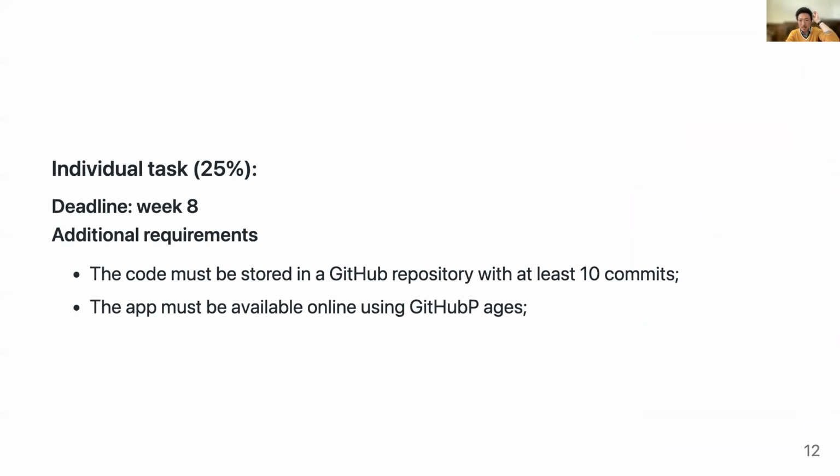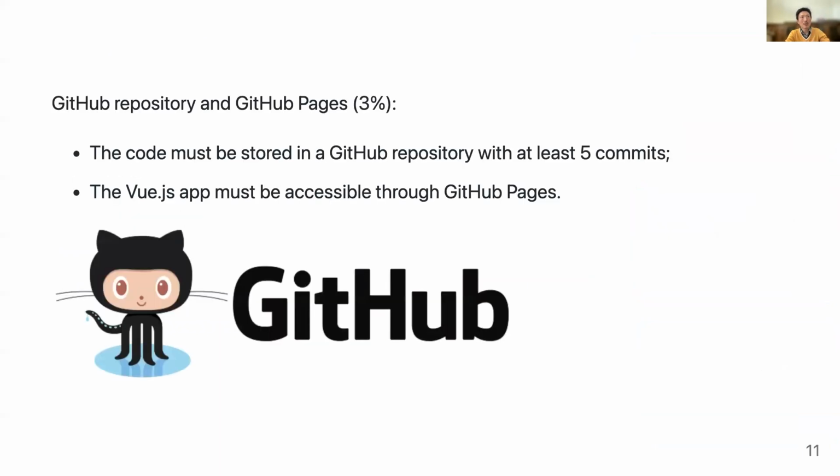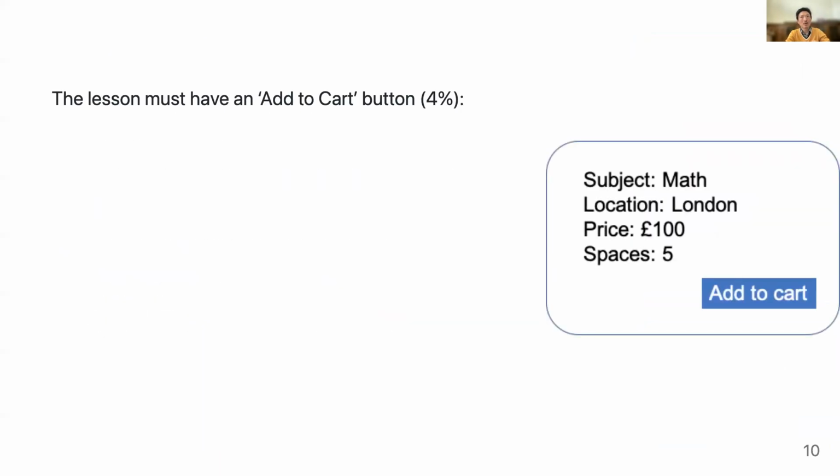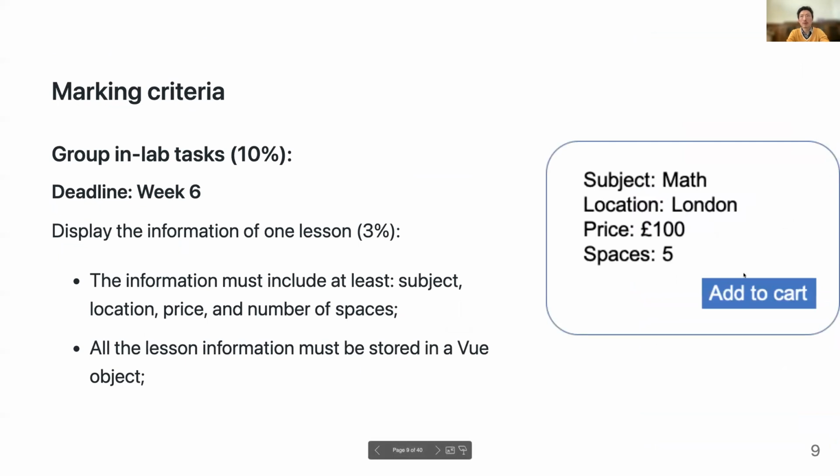So all those are individual ones. For the group work, you really just create one thing like this, with the add to cart button. That's the brief description of what the group coursework is. Okay, thank you. Any other questions?